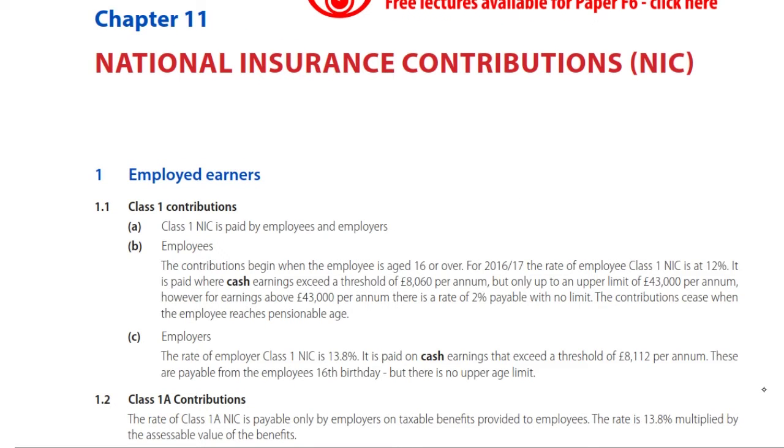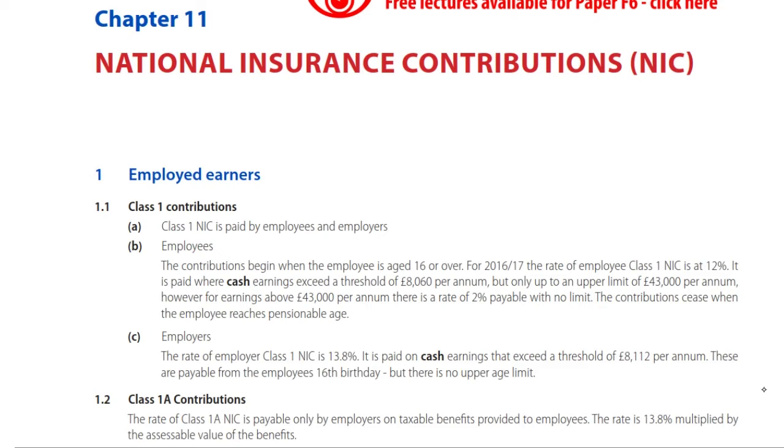Well, after what probably seems like a lifetime studying income tax, you'll be very relieved to hear that now we turn our attention to national insurance and national insurance contributions. Now, this is another taxation that is levied on income, but it's very specific to workers and employers.